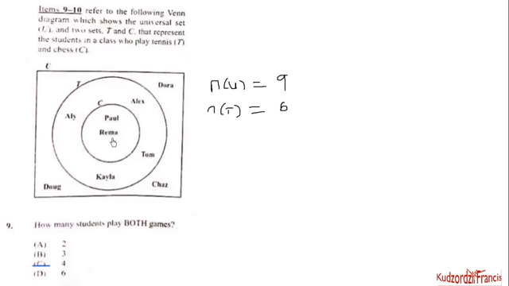And number who play only chess will be equal to Paul and Rema, which is 2. Then number who play chess is 2. Number who play tennis is 6. Then number who play both games.